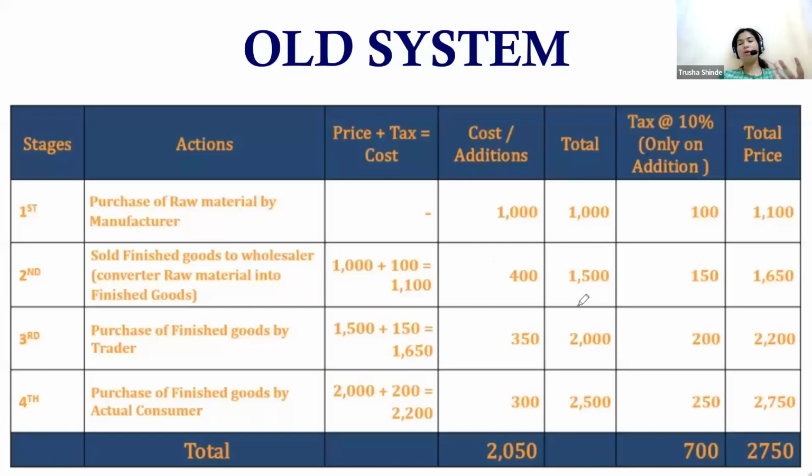So the total becomes 1500. On that, the 10% is charged, and now the price has become 1650, because on the profits also, including this cost also, the value was summed up, and the tax was charged on this price.